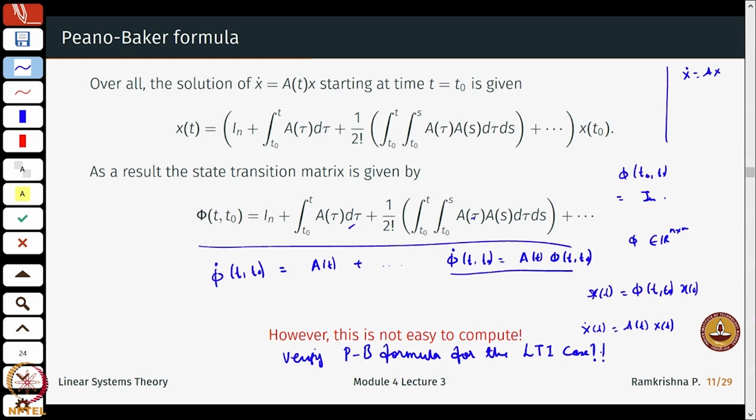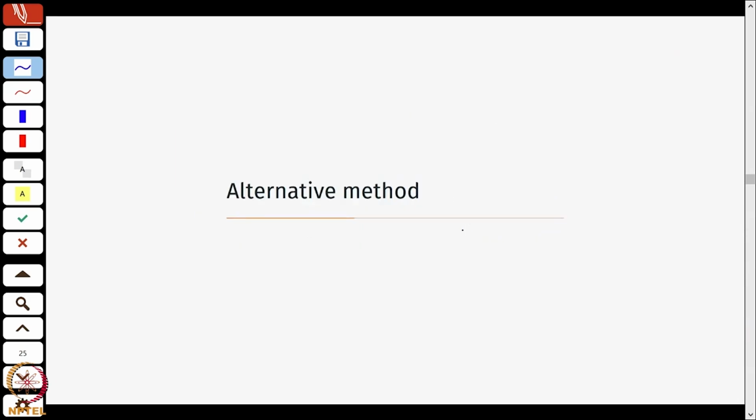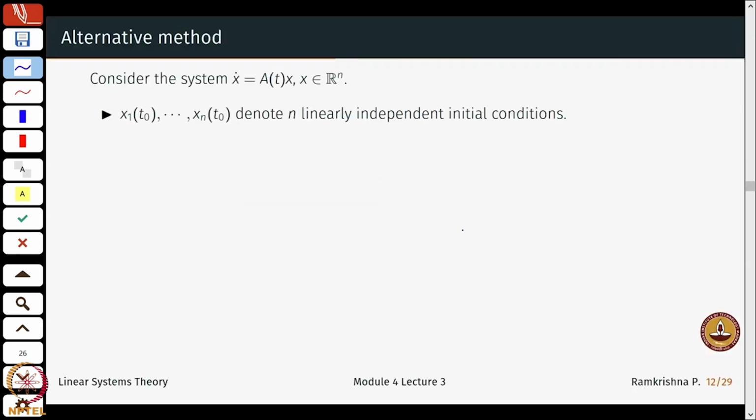But I do not want to do this kind of integrals all the time. Are there easier ways to find this? Well, it turns out that we can do something nice here. Again, let us start with the LTV, the linear time varying equation, x dot is A x, with A being time varying, and let me start with n linearly independent initial conditions.